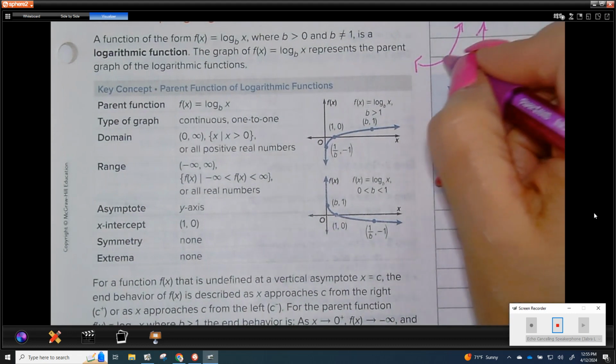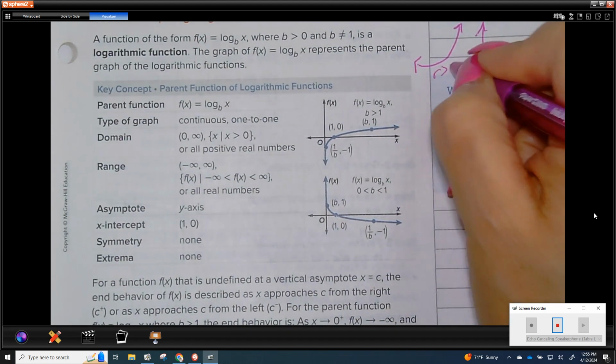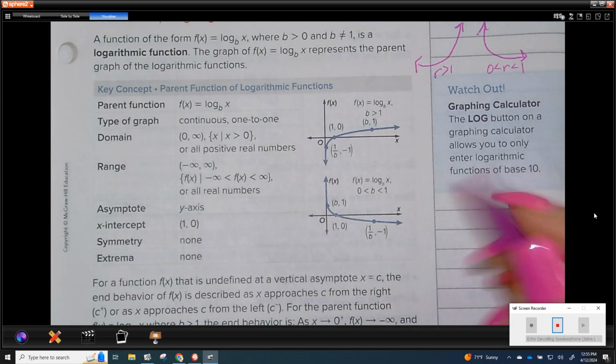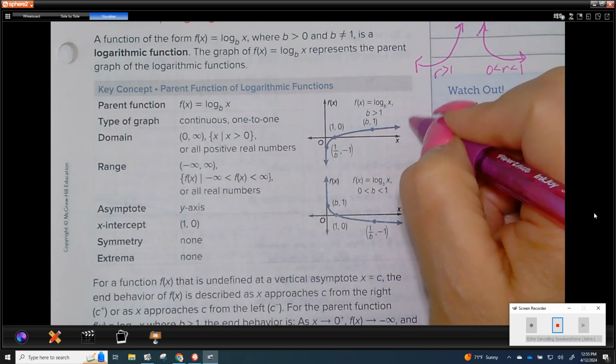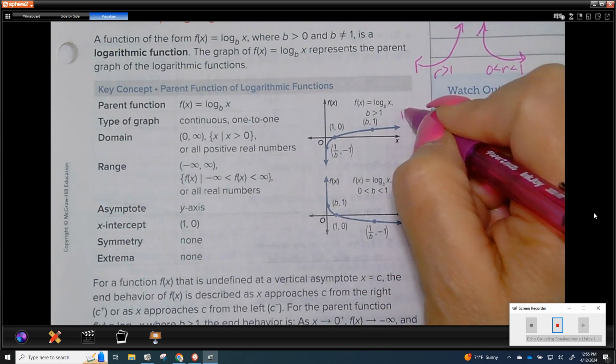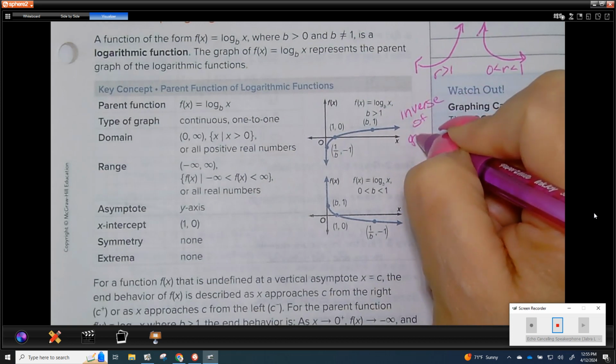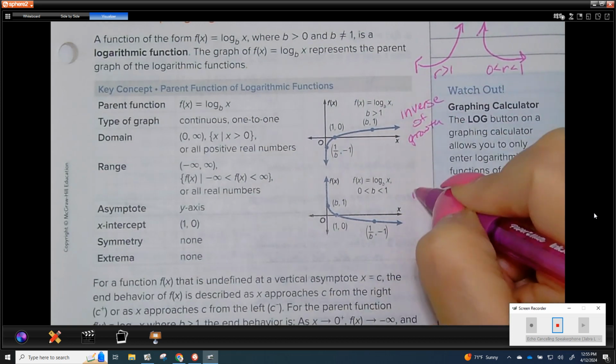Our rate was greater than 1 here, and our rate was a fraction between 0 and 1 here. That's why we have two different graphs for log. It matters on the base. So this is the inverse of growth. And this one's the inverse of decay.